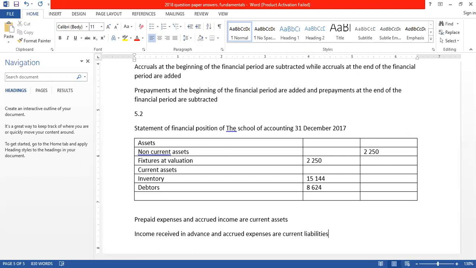So what you need to do is look at your prepayments and your accruals and find out whether they fall under current liabilities or under current assets.